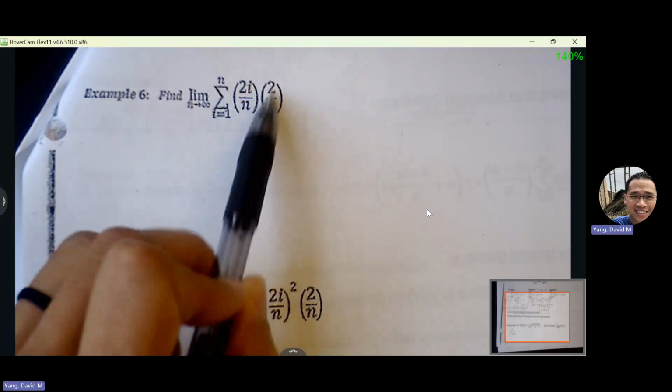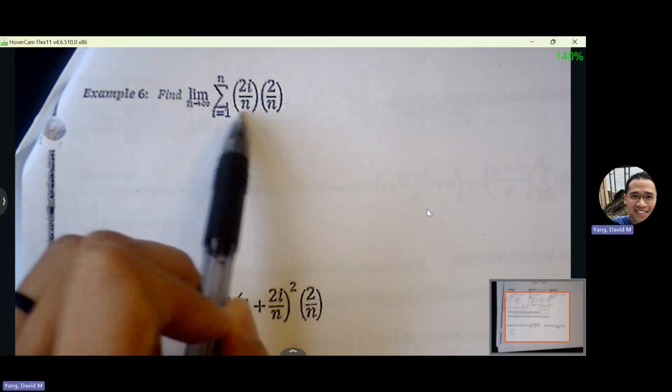Okay, so now we have this variable i involved. We're going to use the summation rule to get all this in terms of n, and then we're going to do the limit as n approaches infinity.